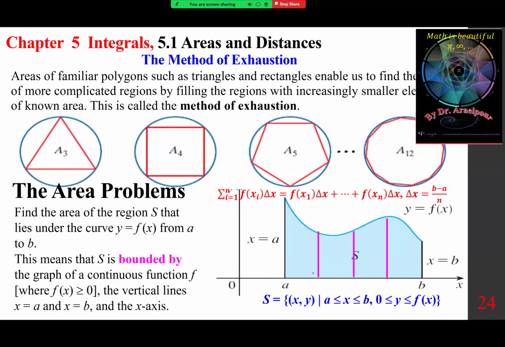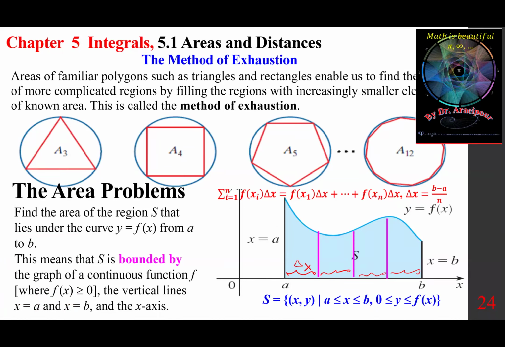this distance is delta x, same as this distance. And again, they don't have to be the same, but if you choose them to be the same, it makes it easier to deal with.